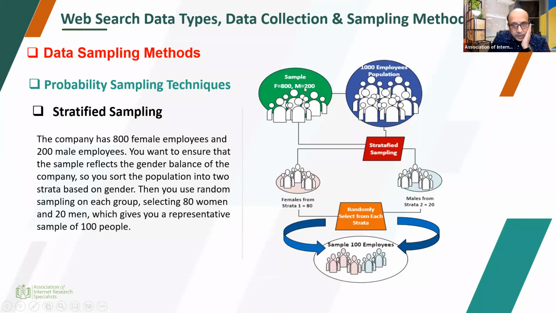You could right away see that in the sample that you have taken from the population of 1,000, there are 800 females and 200 males. That means there is a ratio here, a ratio of 80-20%. Okay. 80% females, 20% male.